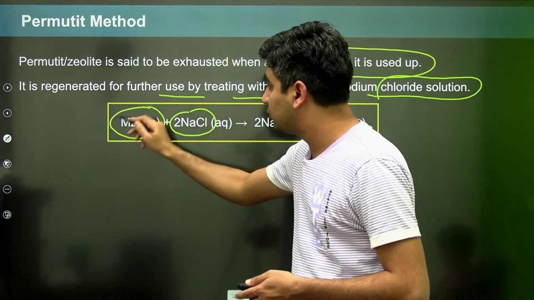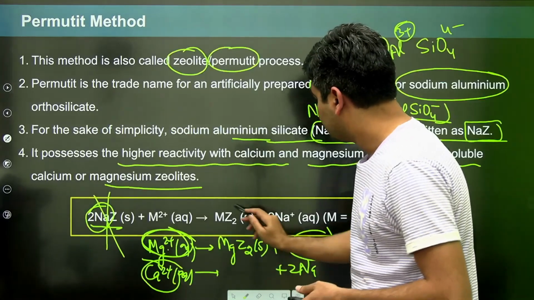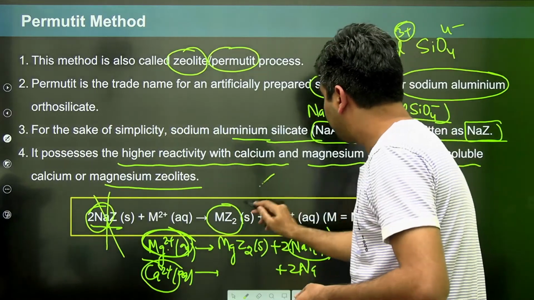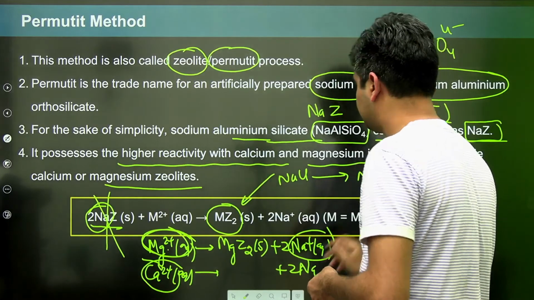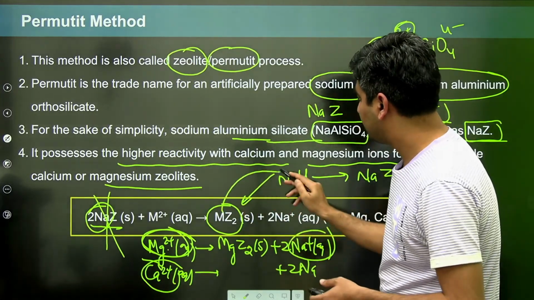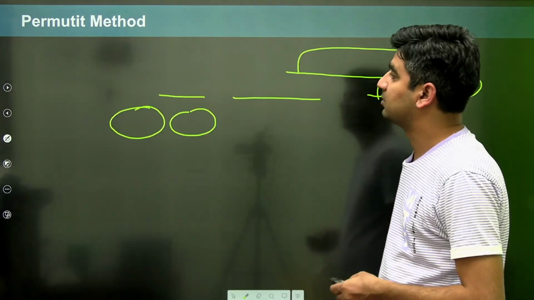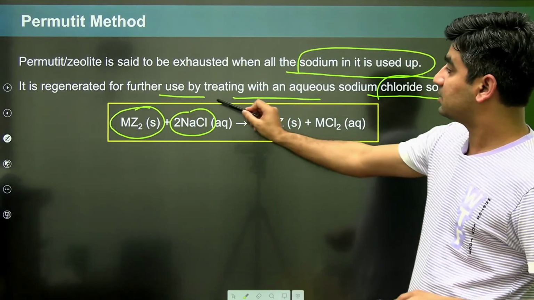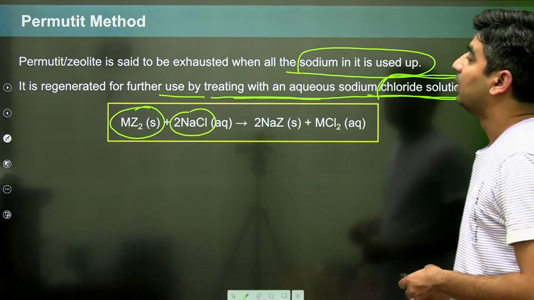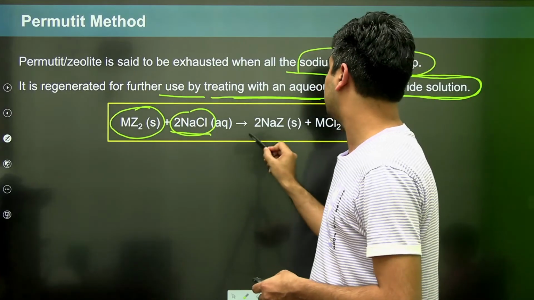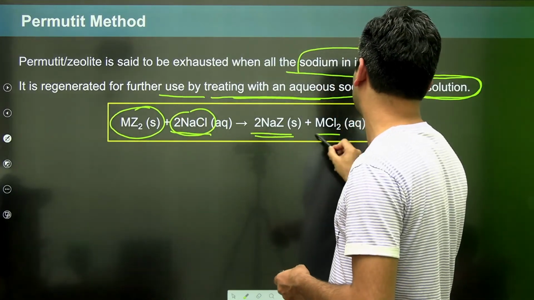So this MZ2 was formed. Look at it. If you are adding NaCl, it will again form NaZ. So this M is being replaced by Na plus. It is regenerated by treating with aqueous sodium chloride solution. MZ2 plus 2NaCl will give you 2NaZ and MCl2.